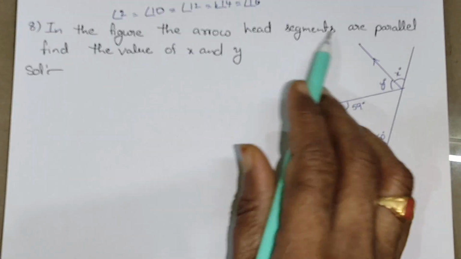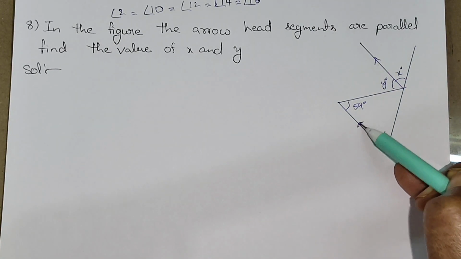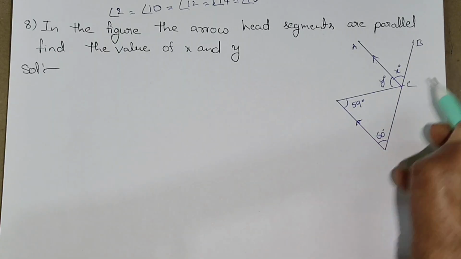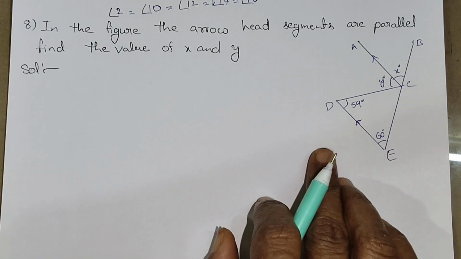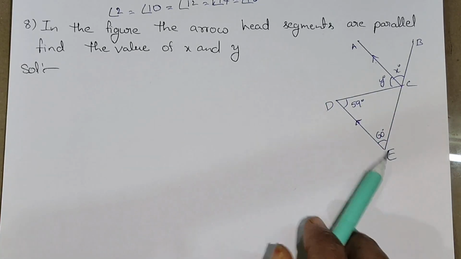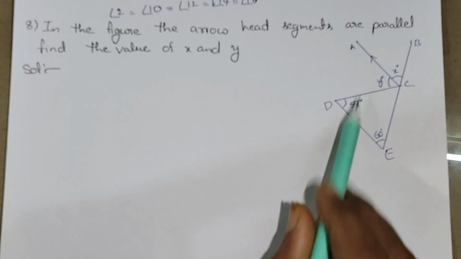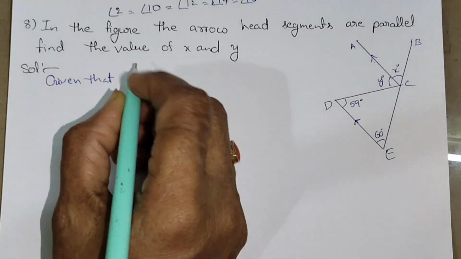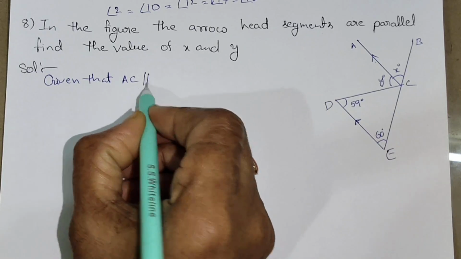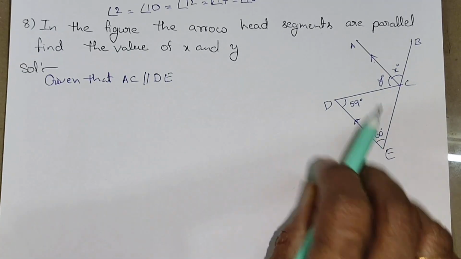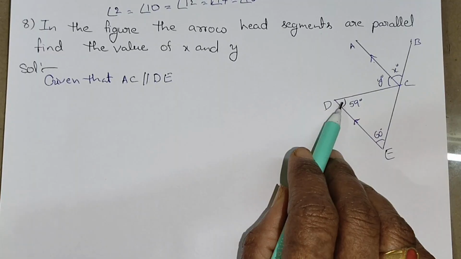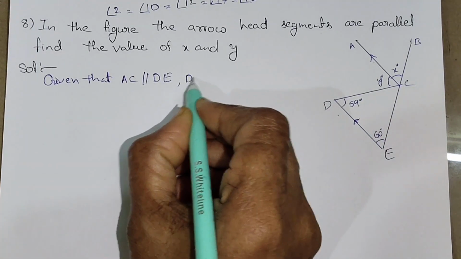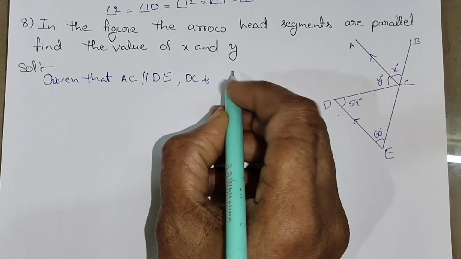Arrow head segments are parallel, means these two are the parallel arrow head segments. So here we write the naming A, B, C, D, E. So now AC and DE are the arrow head segments. Given that AC is parallel to DE, and DC is a transversal.